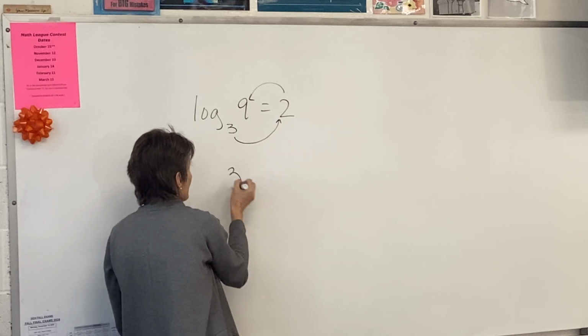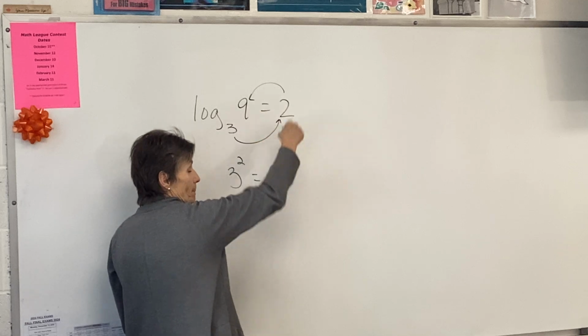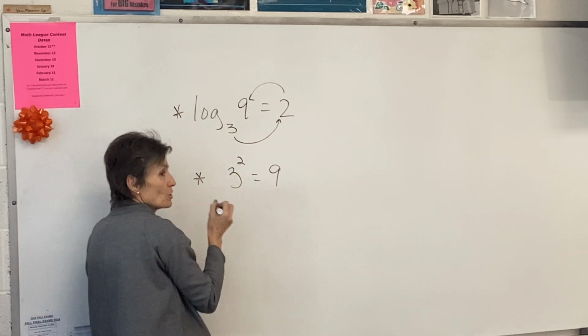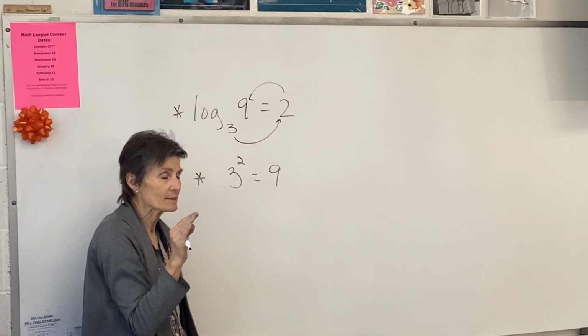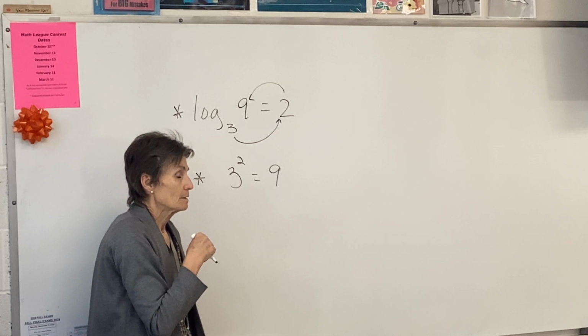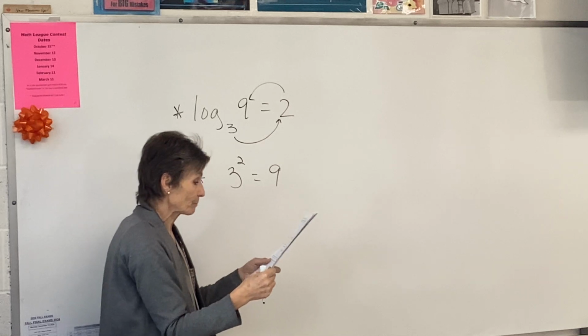Start right here, 3 to the 2nd equals 9. This equation and this equation are exactly the same equation. They say exactly the same thing in a different way. All right, so hang on to that thought. We're going to need it in a minute.